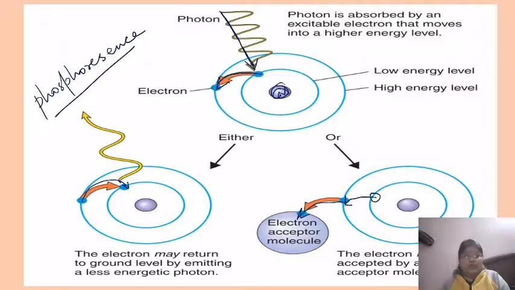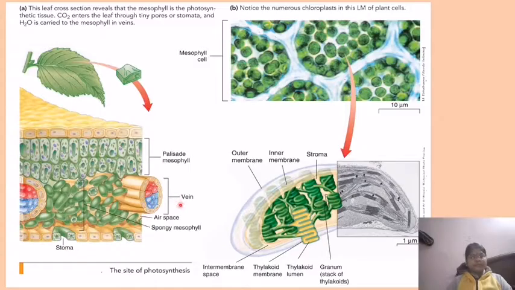We will further talk about how this electron which is being knocked out is accepted by an electron acceptor molecule, and it is the base of both the photosystems that we will come across in photosynthesis. Okay, so let's move on.